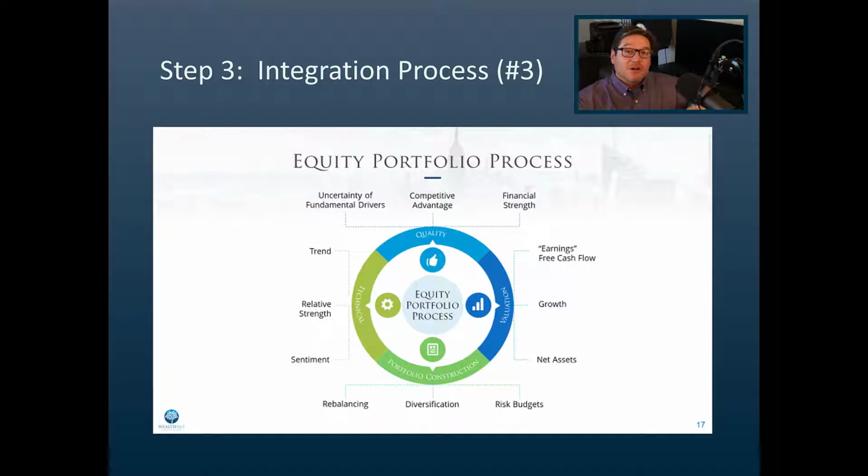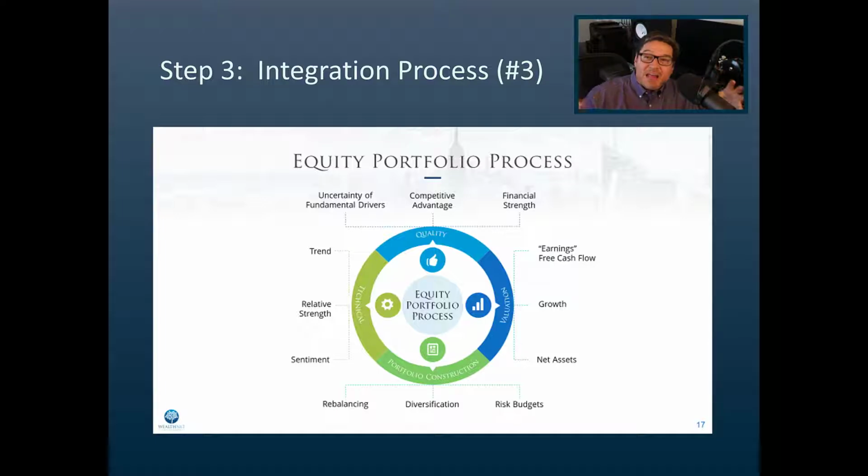So just to illustrate that, I'm going to dive into an example. Here is an equity portfolio process. This is a really, really high level look at stocks, how we view the whole stock world. And it's really broken up into 4 areas. You've got the quality on the very top, which is uncertainty of fundamental drivers, competitive advantage, financial strength.